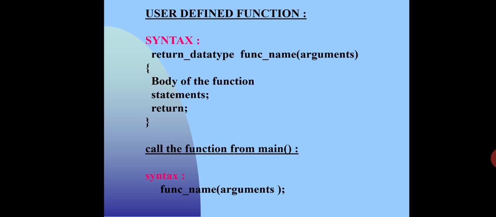Then there will be arguments or parameters in the parentheses. Now it will contain an open brace, then the body of the function and the statements. Whatever the statements will be, they will be inside the body. Then a return keyword.